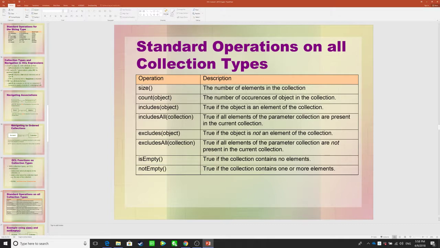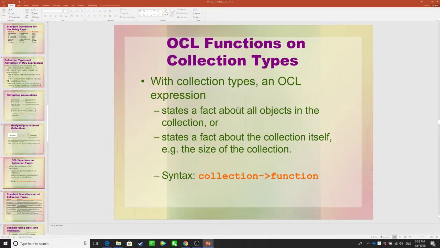Okay, excludes sounds like we're removing something from that collection, right? And excludesAll looks like that as well, like removing some collection from a set. But no, as I mentioned, the OCL functions on the collection types only state a fact about the collection and about all the objects in the collection.